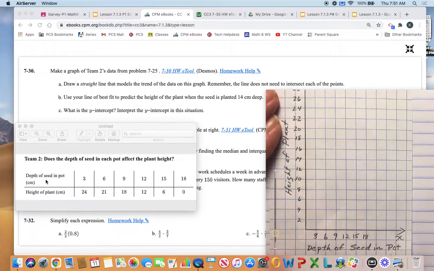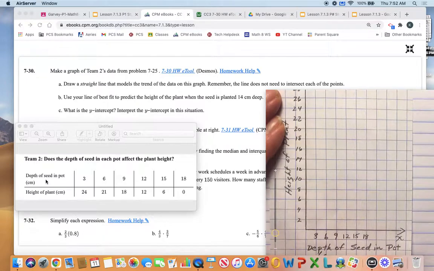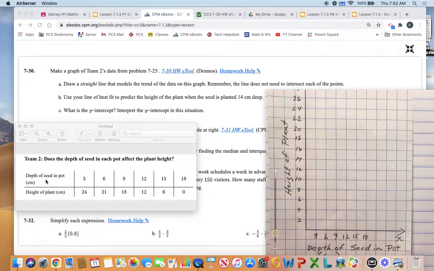The depth of the seed in the pot, I've put that in increments of 3. So each one of these squares is going to be 3 for the depth of the pot, and that would be in centimeters. So I'm going to write that down.